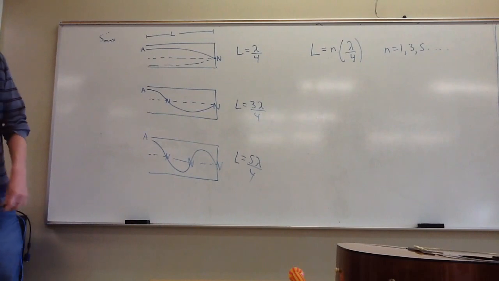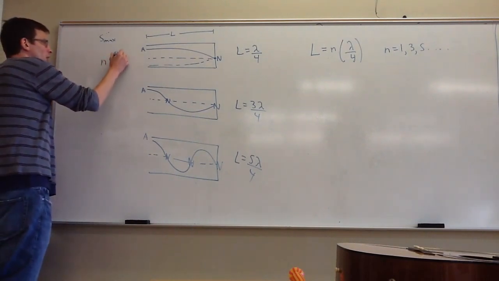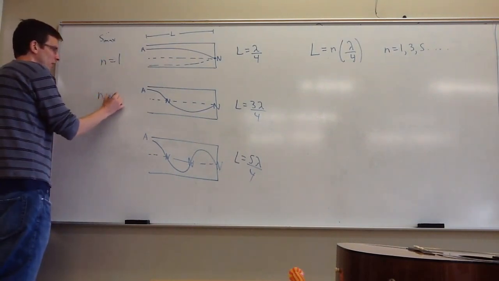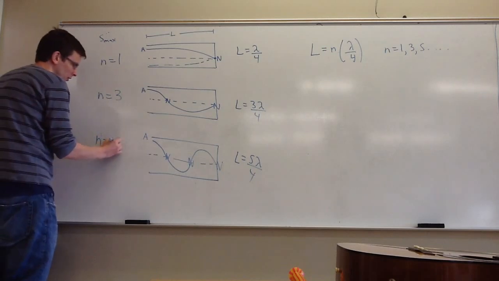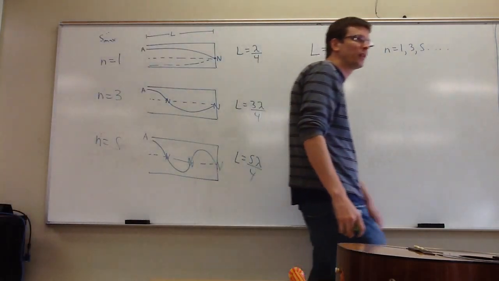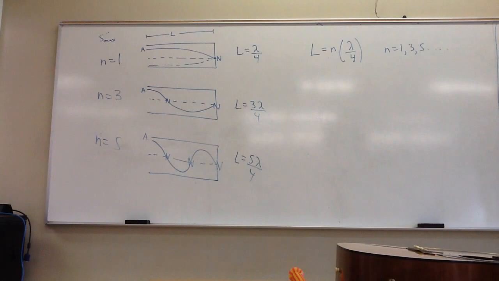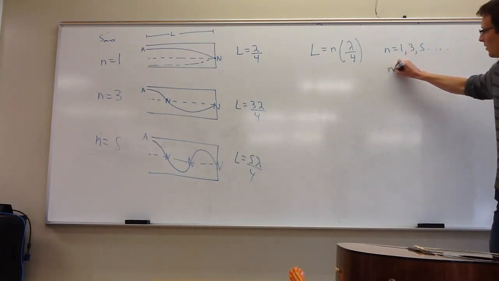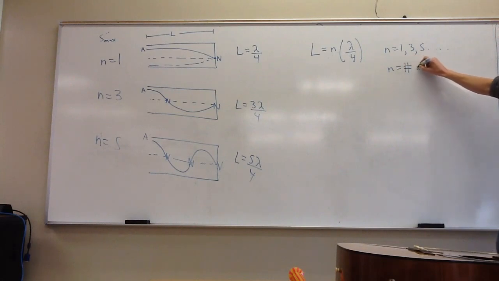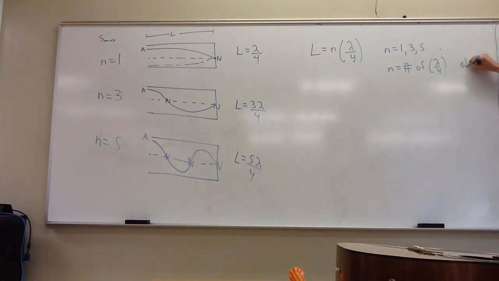This is a little bit strange, in that we skip numbering. We call this the n equals 1 harmonic. We call this the n equals 3. So in a tube like this, with different ends, you only have odd harmonics. N is the number of quarter wavelengths now. Remember, it was the number of half wavelengths before. Now it's the number of quarter wavelengths, and odd only.